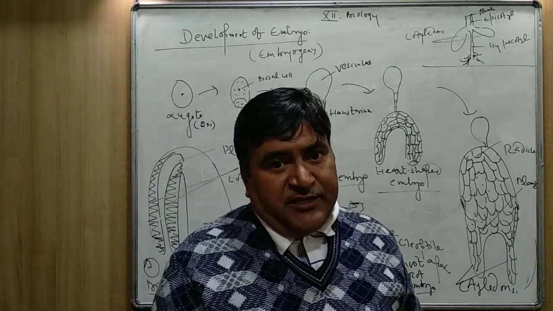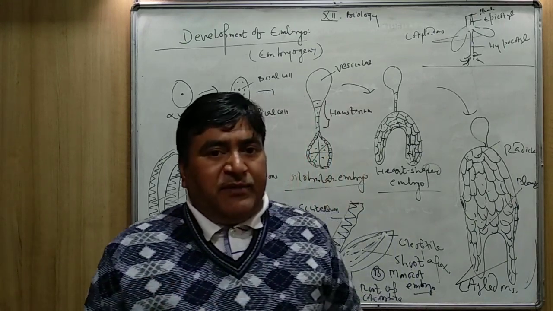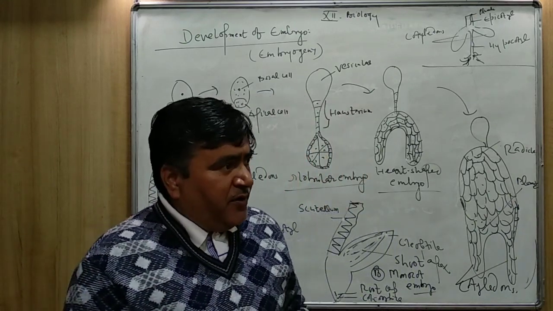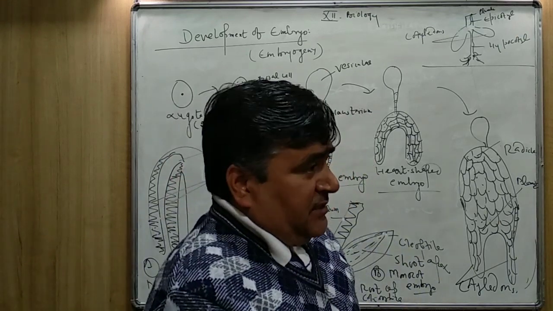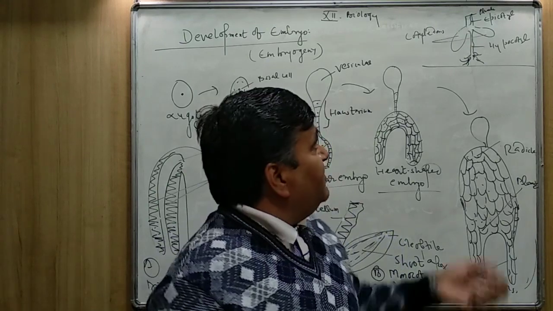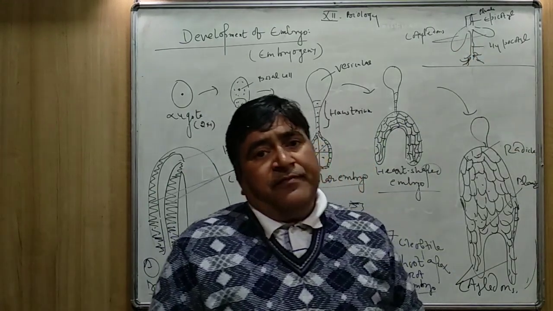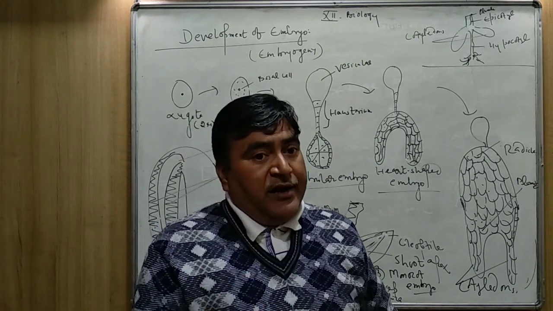And if the question is, what is an embryo and how many parts does it have? Embryo is the product of the zygote. When the zygote divides repeatedly, it forms the embryo, and the embryo gives rise to the new plant.